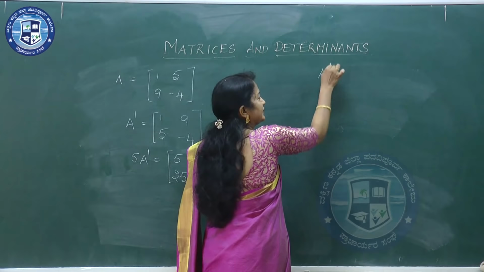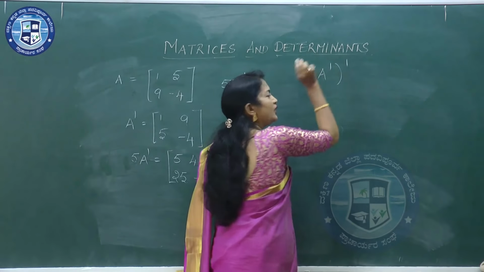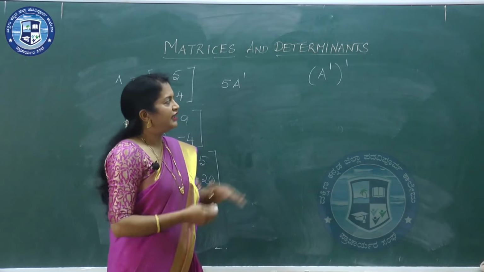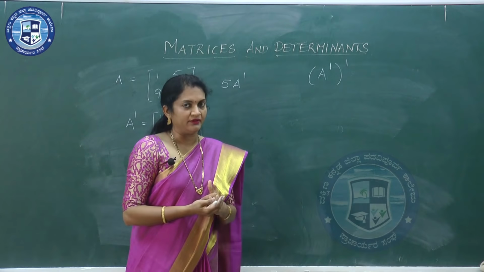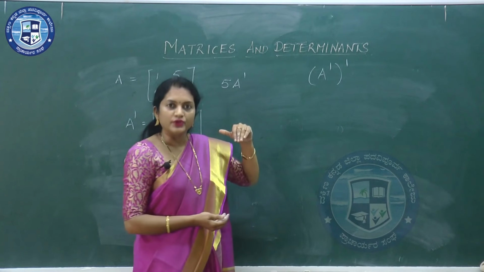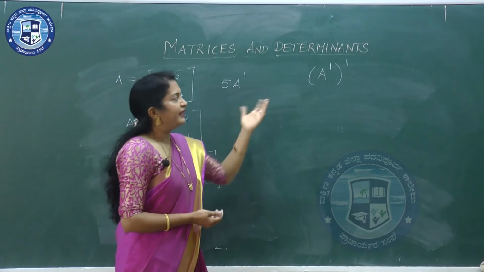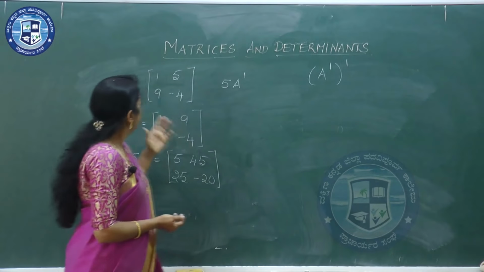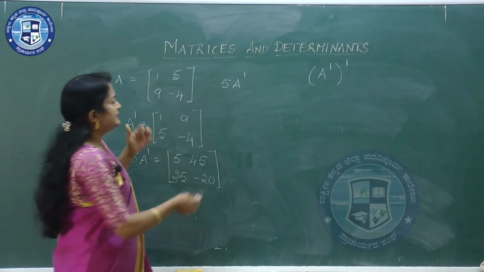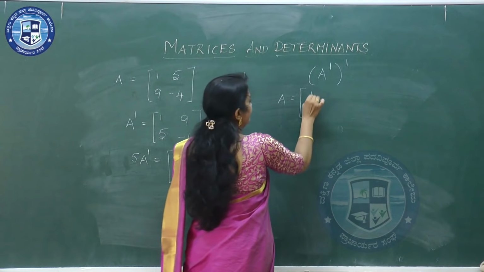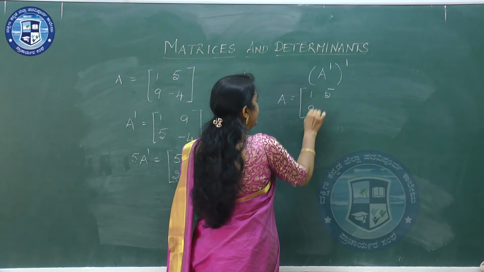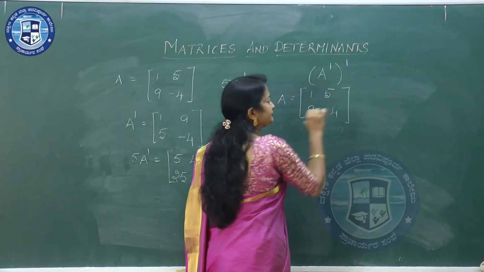Now, what is A transpose whole transpose? What do we get if we transpose a matrix and again transpose that matrix? We will see by taking some examples. Take the same matrix, A is equal to 1, 5, 9, minus 4.